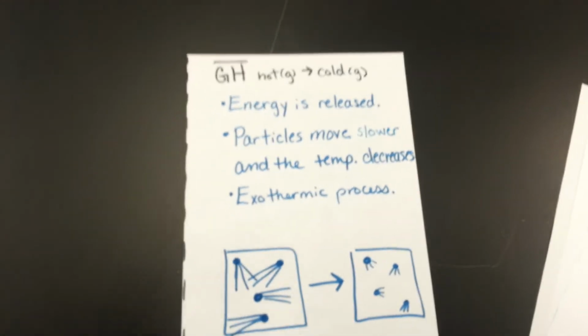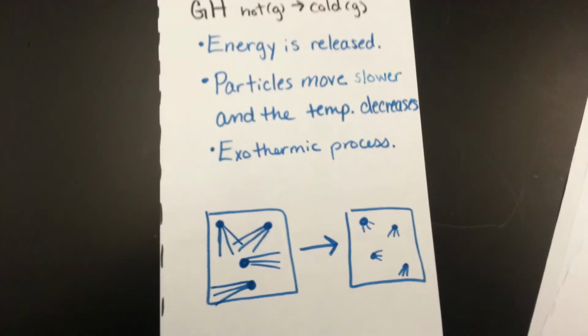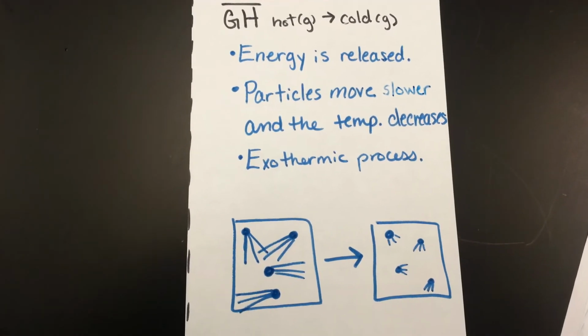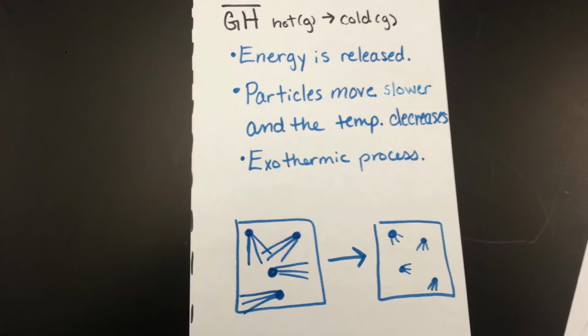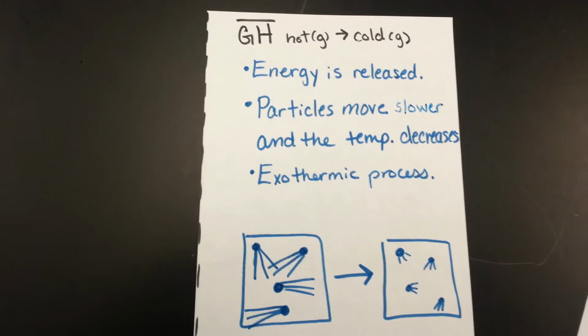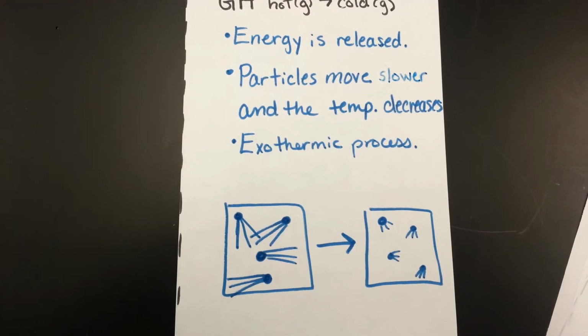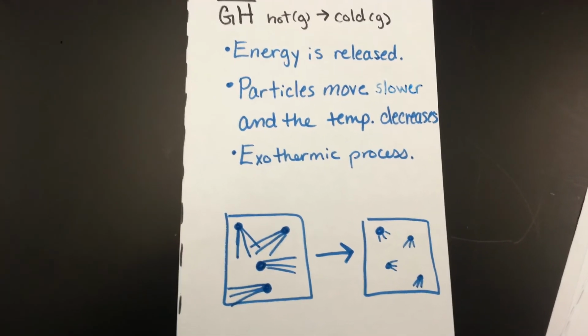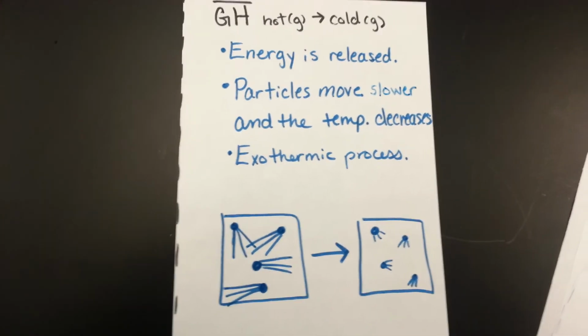If we go from G to H, we're going from a hot gas to a cold gas. So energy is released. Particles will move slower. As they get closer, they move slower. They're going to start getting close together, and their whooshies are getting shorter. It is exothermic because when it loses that energy, it's got to go somewhere. It goes out into the surroundings.